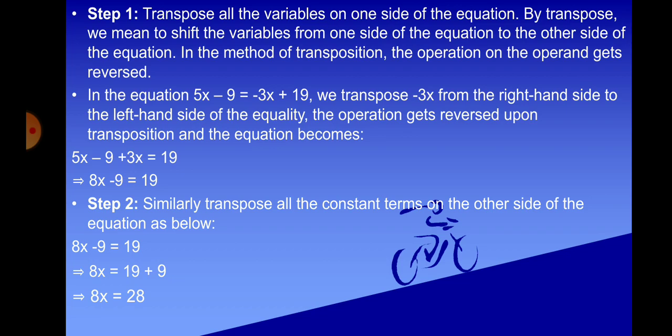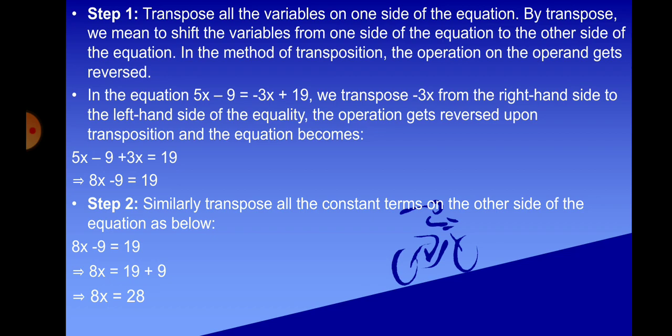By transpose, we mean to shift the terms from one side of the equation to the other side. In the method of transposition, the operation on an operand gets reversed. In the equation 5x - 9 = -3x + 19, we transpose -3x from the right hand side to the left hand side of the equality.